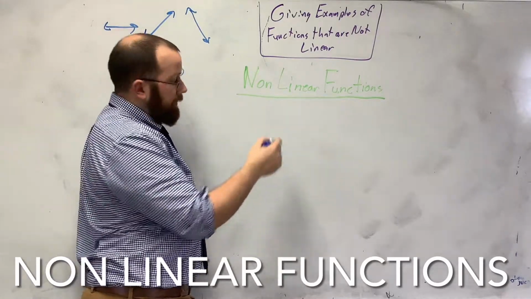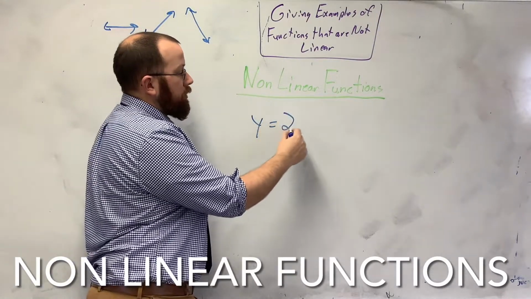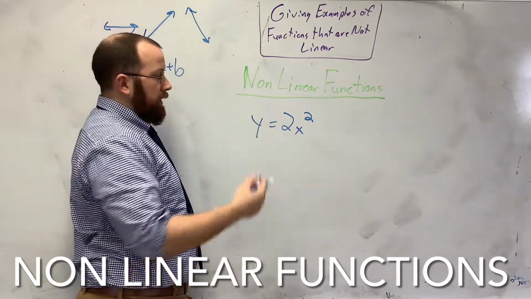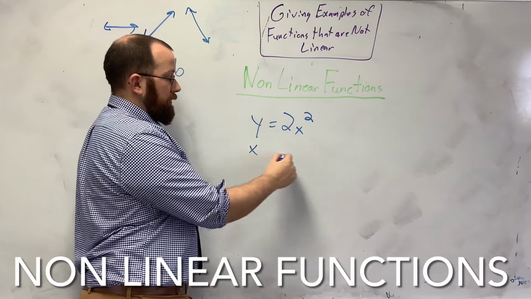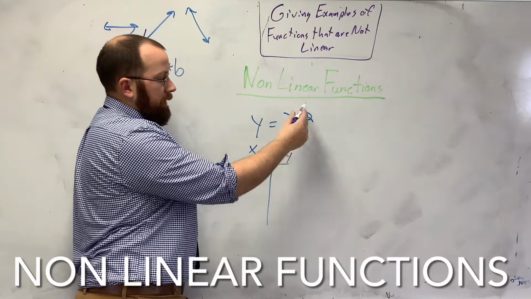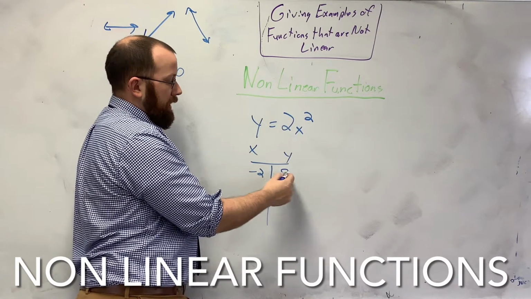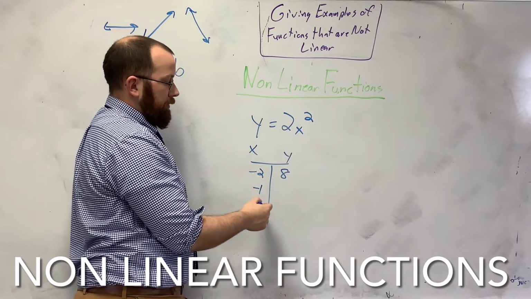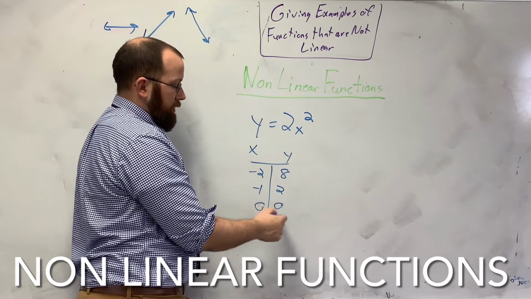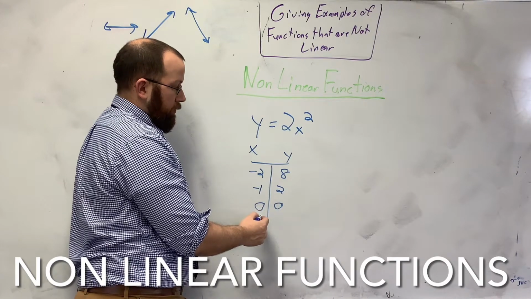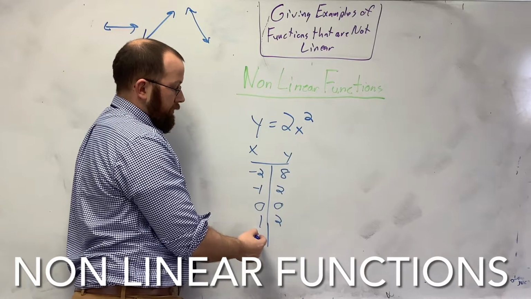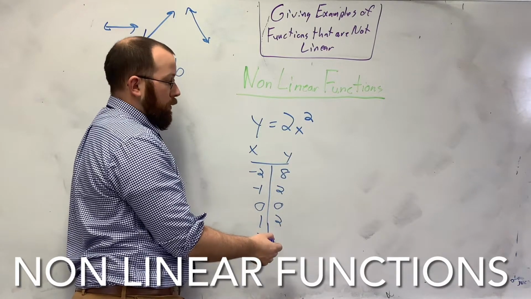So if I have y equals 2x squared. Now let's see what this looks like just for the fun of it. So if I do -2, that gives me 4, 8. -1 gives me 2, 0 gives me 0. 1 gives me 2, and I'll do 2 gives me 4, 8.